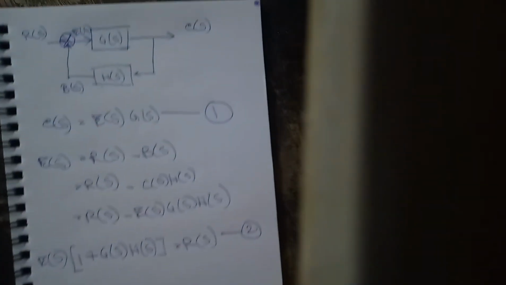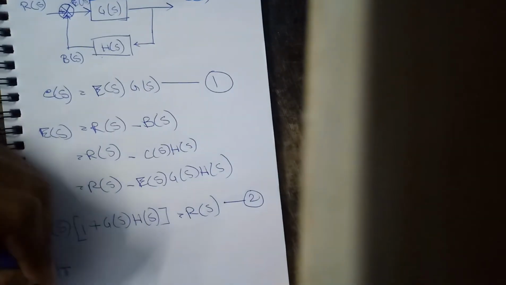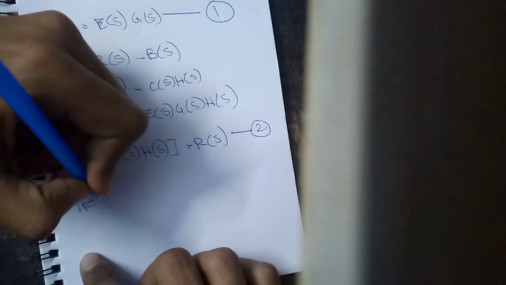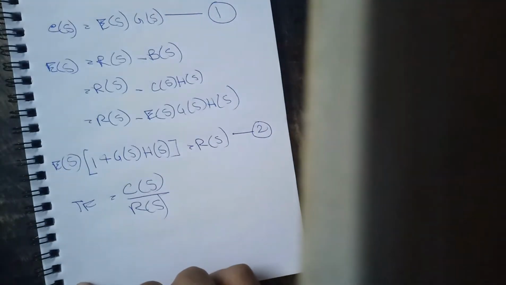So we know that the transfer function is equal to the output by the input in the frequency domain or in the S domain. So the transfer function is directly equal to C(s) by R(s), right?